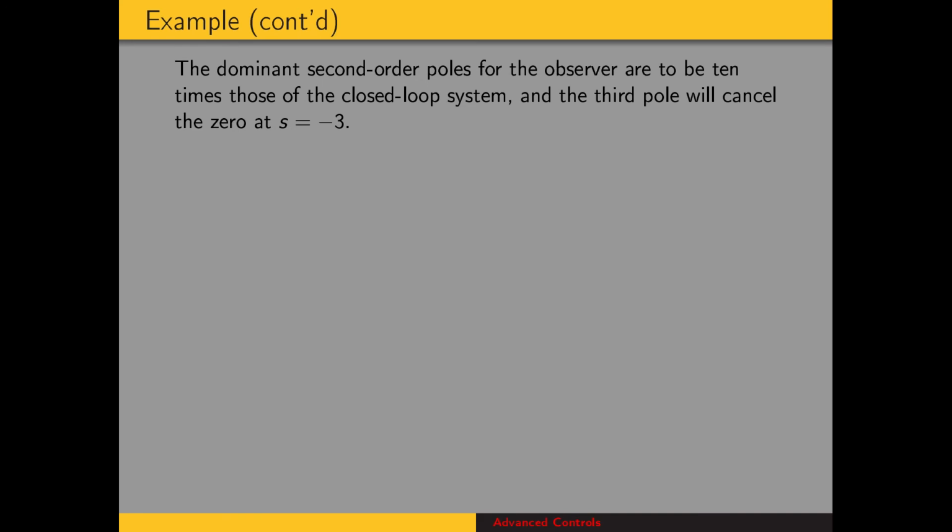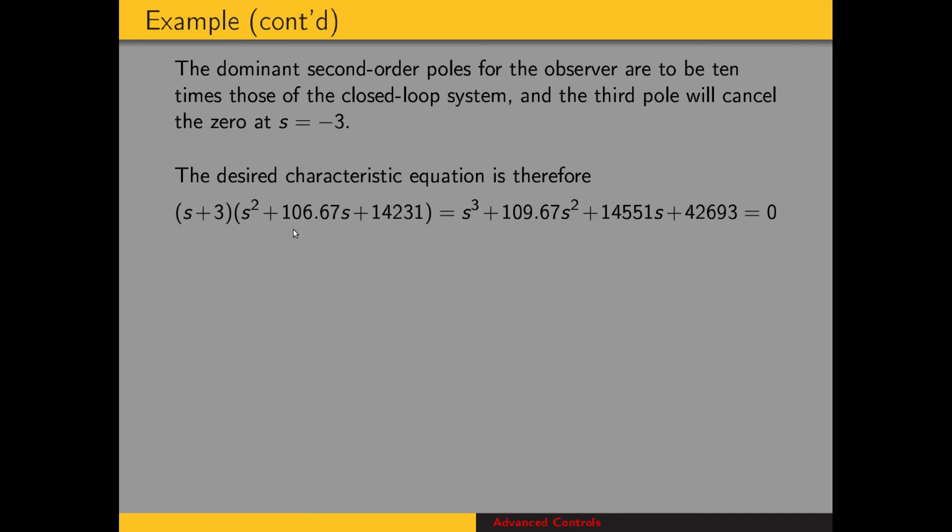That desired characteristic equation is for a system with a pole at s equals -3 to cancel the 0, and the dominant second order poles will be 10 times the second order poles for the closed loop system. Now we write the characteristic equation like this, and this is similar to the slide for the controller.